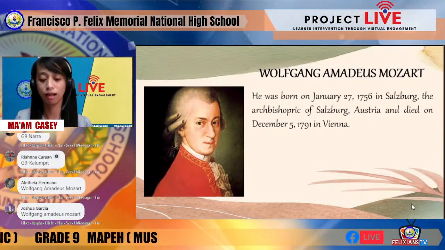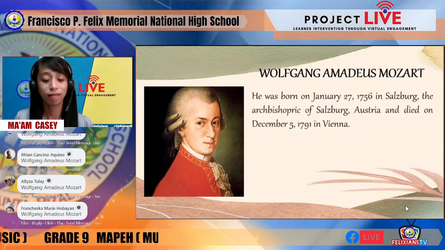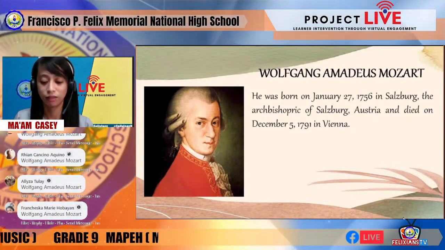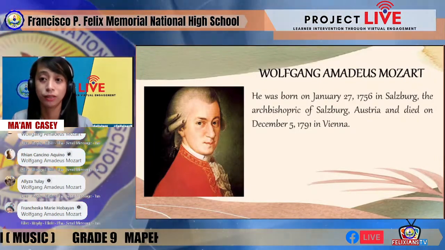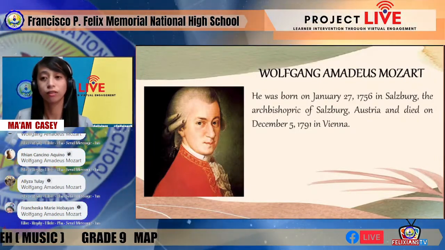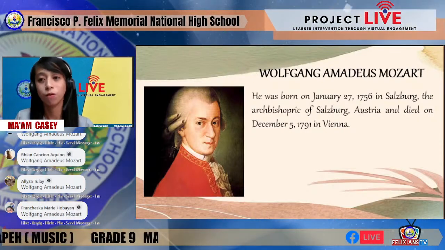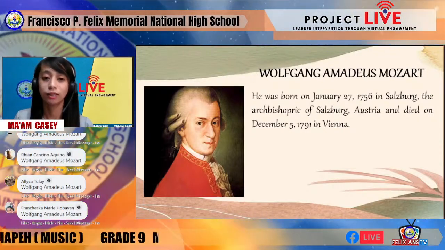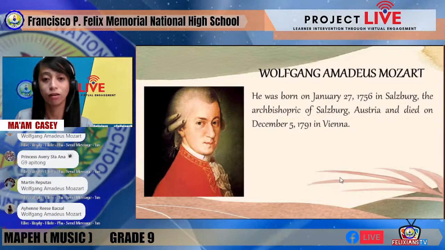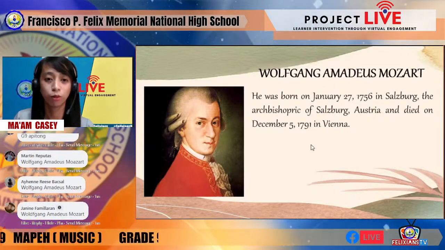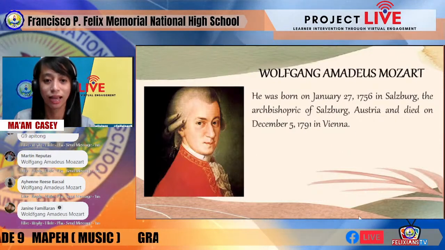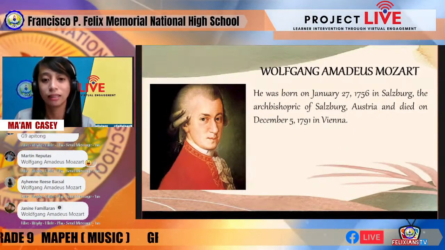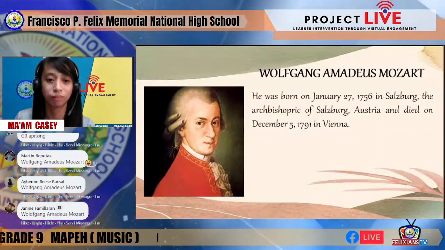Mozart is widely recognized as one of the great composers in the history of Western music. He is also considered the most amazing genius in musical history, what we call a virtuoso in music. So why is he recognized as one of the most genius composers?